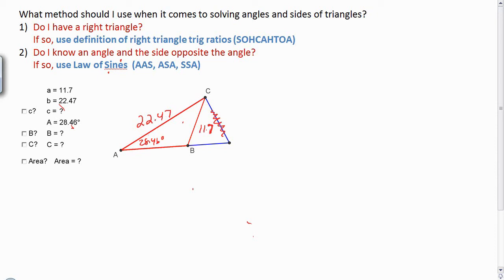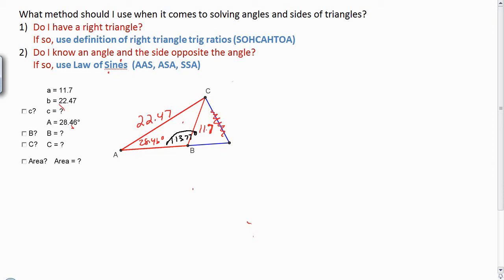But instead of having a 66.23 degree angle, I could have in this spot a 113.77 degree angle. It would be obtuse and still be able to come up with the triangle.